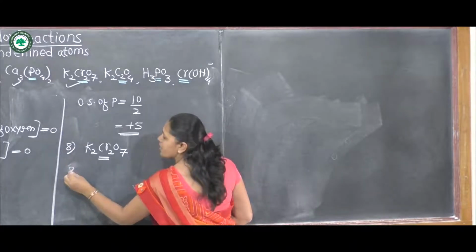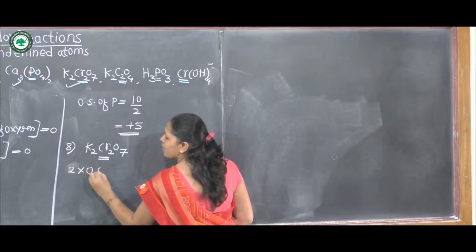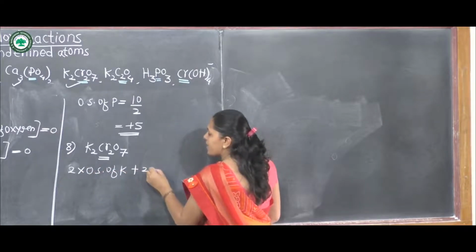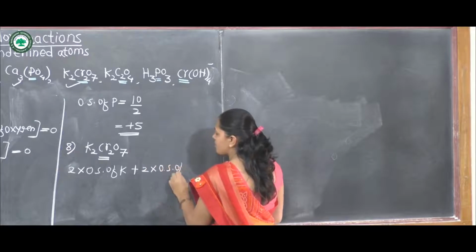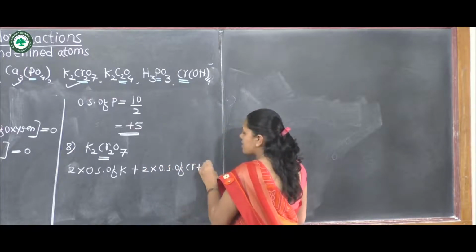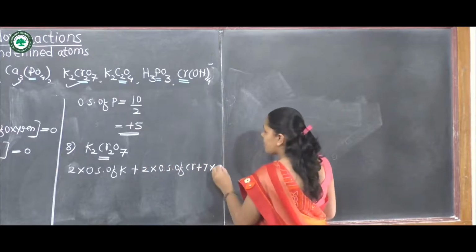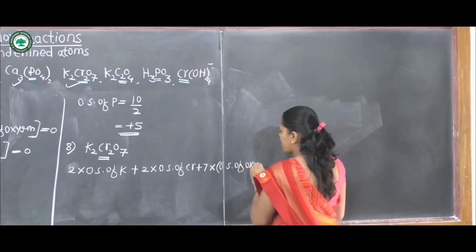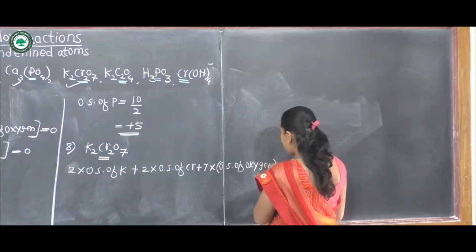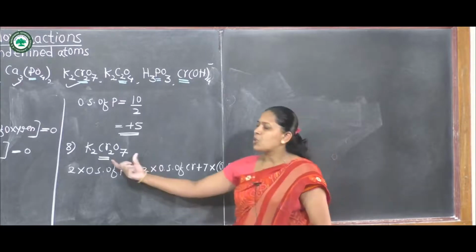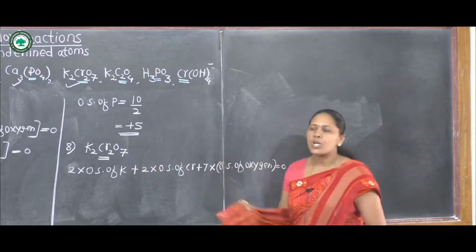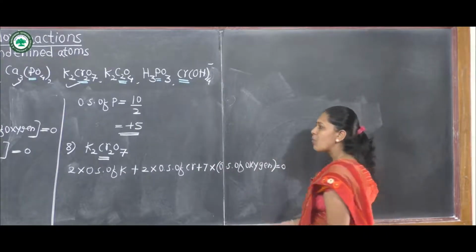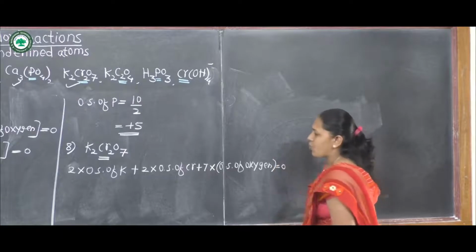Here, 2 potassium, therefore 2 multiplied by the oxidation state of potassium, plus 2 multiplied by the oxidation state of chromium, plus 7 multiplied by the oxidation state of oxygen. And we know that it has no charge, therefore it is a neutral molecule, and the algebraic sum of the oxidation states of all atoms in a neutral molecule is equal to 0.